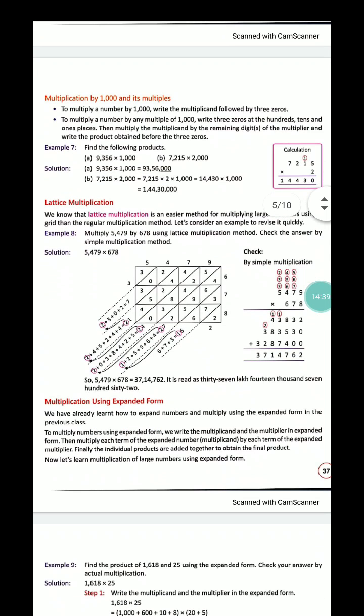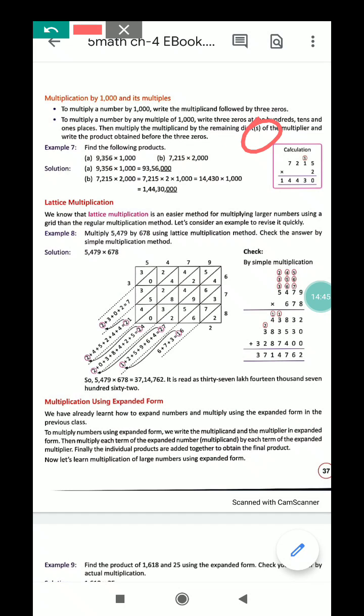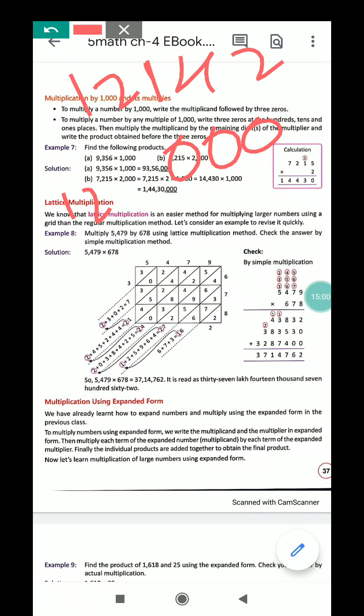Okay, similarly we will do the multiplication of 1000. Here what we will do, we will put 3 zeros and whatever the number would be, suppose 12 into 1000, or 142.